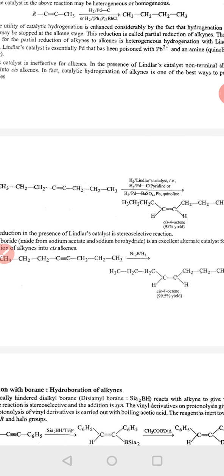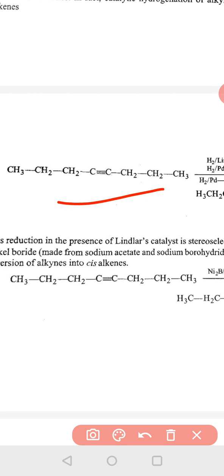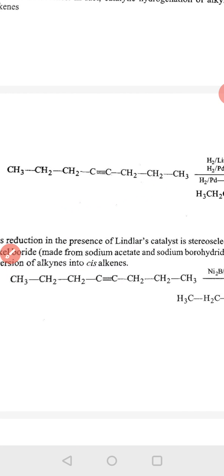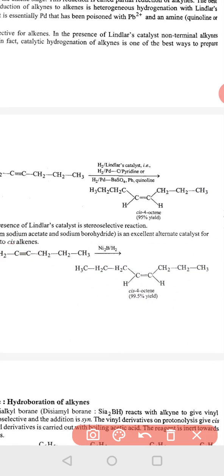This is an example of partial reduction of alkynes using Lindlar's catalyst. This is an alkyne and we are using Lindlar's catalyst and the product here is cis-4-octene.